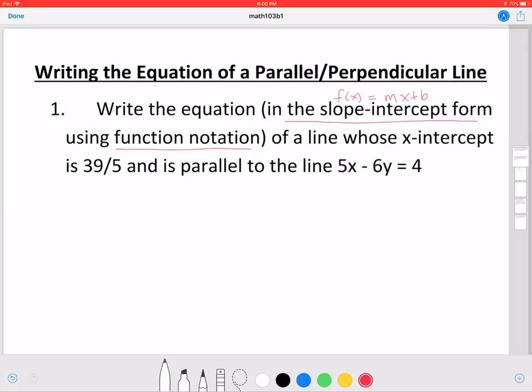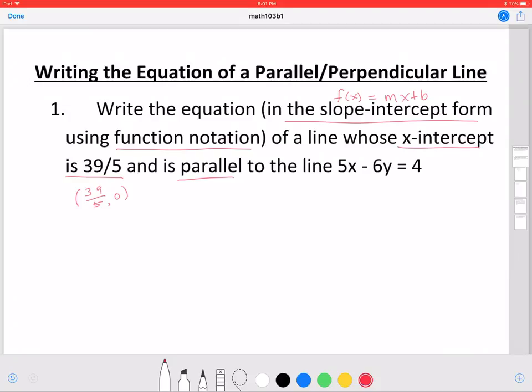Okay, let's begin. So we have information about our line, and that is that its x-intercept is 39 over 5. Hope you know that means it crosses this point, and also the line is parallel. Remember, parallel lines have the same slope.